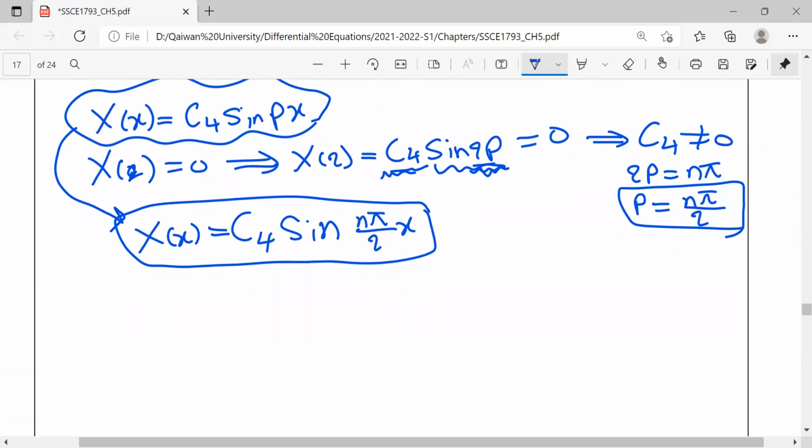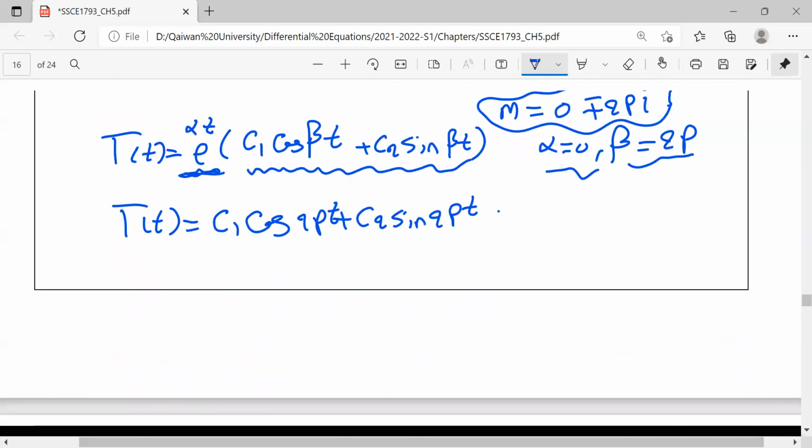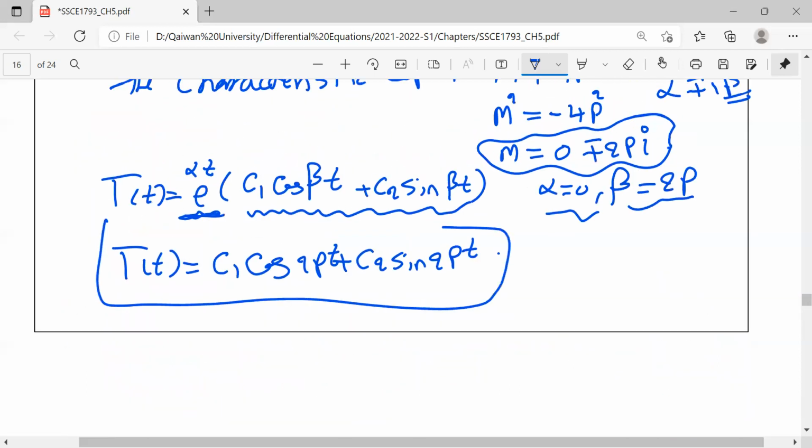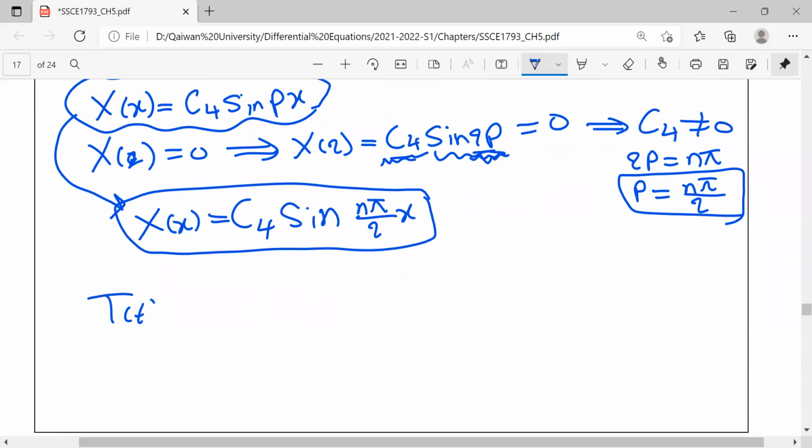Now we replace p by n pi over 2 in the solution of T. This is the solution of T that we found here. The solution is T of t equals c1 cosine 2pt plus c2 sine 2pt.